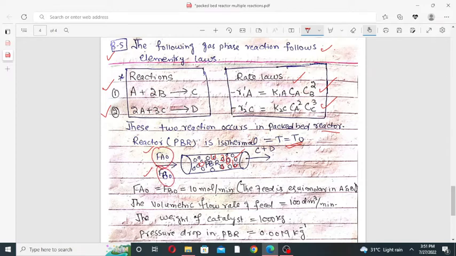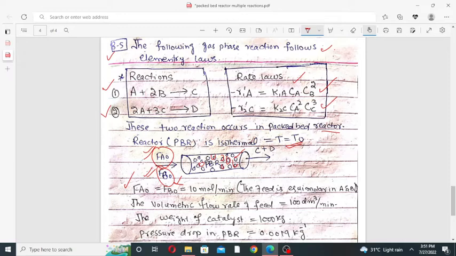FA0 and FB0 are the molar flow rates of component A and component B entering the reactor. The molar flow rate of component A is equal to 10 mole per minute, and the molar flow rate of component B is also equal to 10 mole per minute.